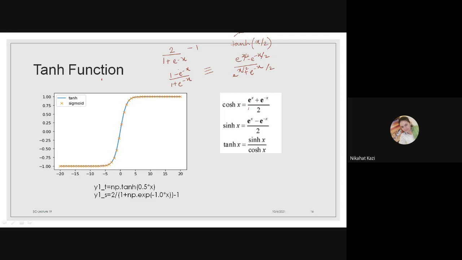Can you just rearrange this to get this now? If you multiply this numerator and denominator both by e raised to x by 2, won't you get this? Yes or no? I'm multiplying this with e raised to x by 2 and this also by e raised to x by 2. Aren't you getting this?